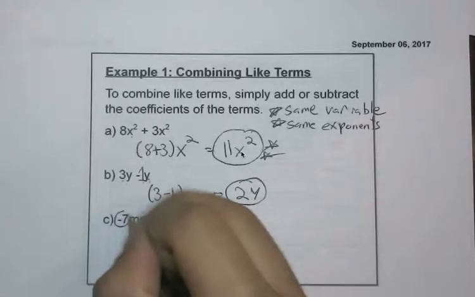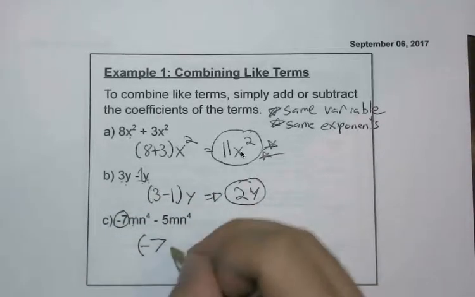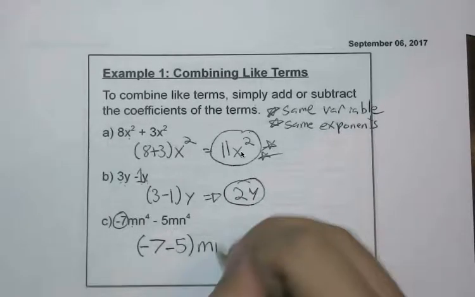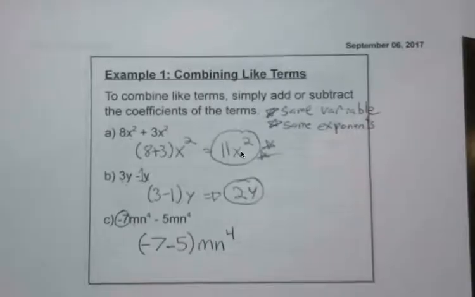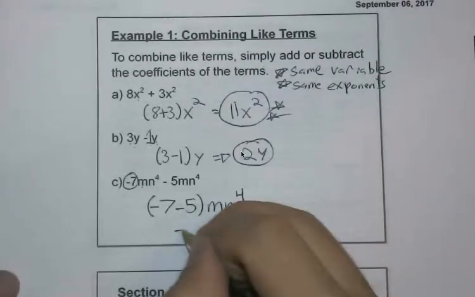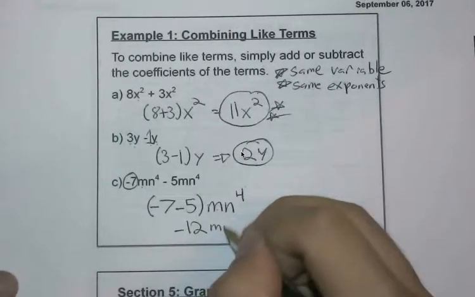We have negative 7, and then we're deducting 5, and we'll leave m, n to the fourth outside. So for this, negative 7 minus 5 gives us negative 12. M, n to the fourth follow this up as well.